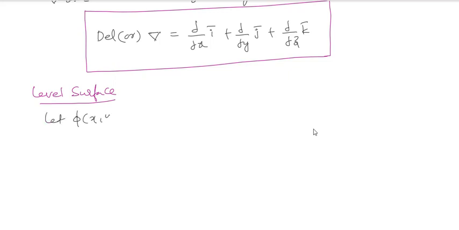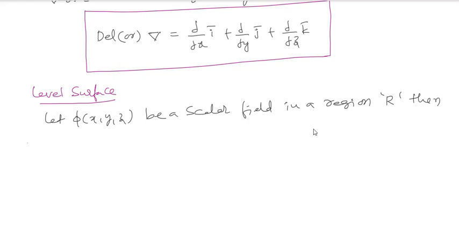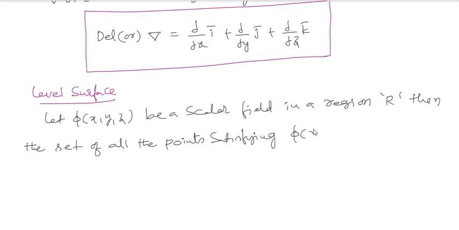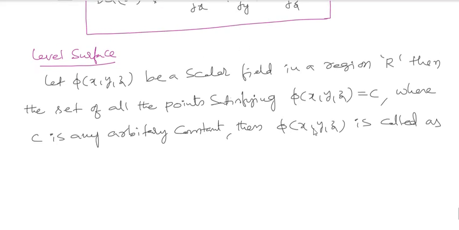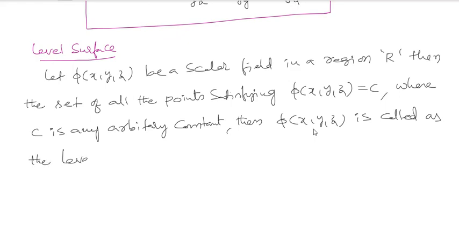Let phi of x, y, z be a scalar field in a region R, then the set of all the points satisfying phi of x, y, z equal to C, where C is any arbitrary constant, is called the level surface.